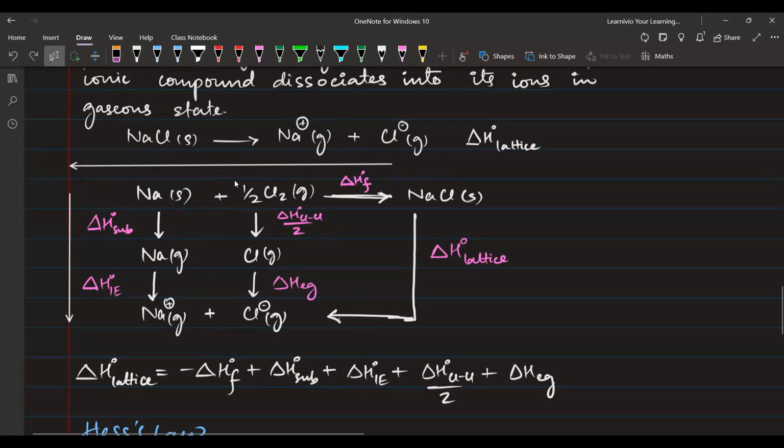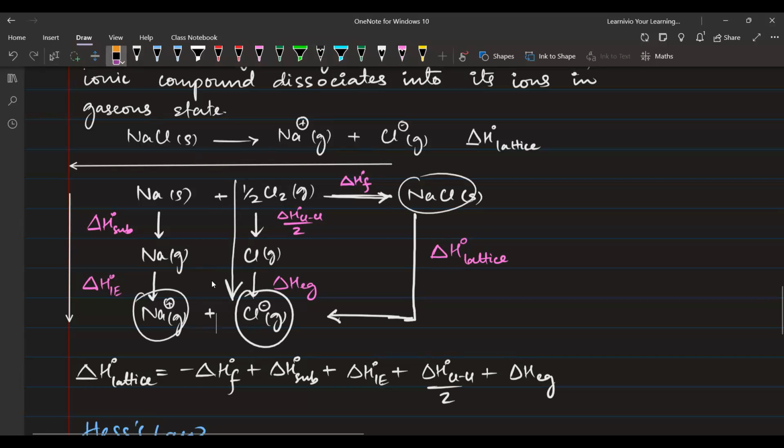Sir, why is it same in the chlorine case? In order to go from NaCl and get Na positive and Cl negative, we have to move in this direction, no? Yes, sir, got it.